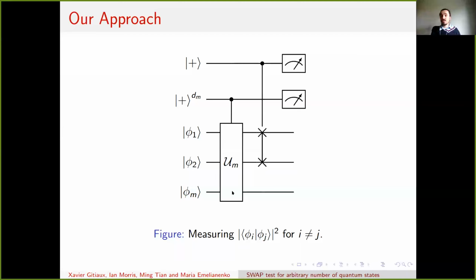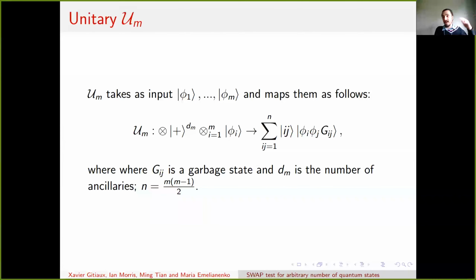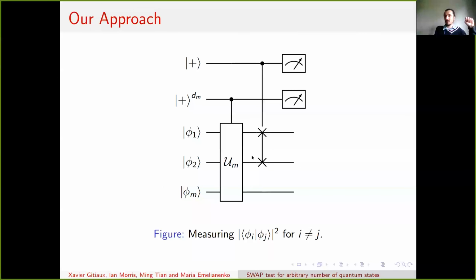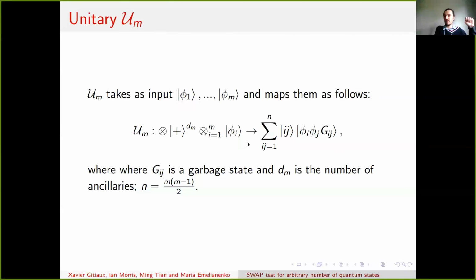So the only issue is to make sure that we can actually build a unitary UM that does what we want it to do. And we show we can, with only an order of magnitude log m ancillas. So here is the unitary, written in circuit format, and it's what it really does.